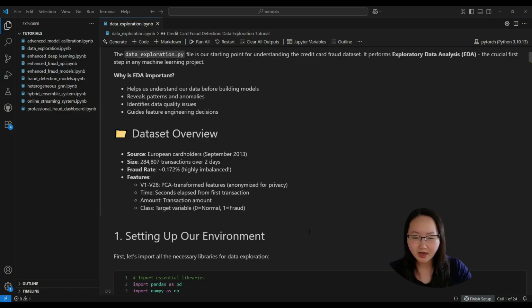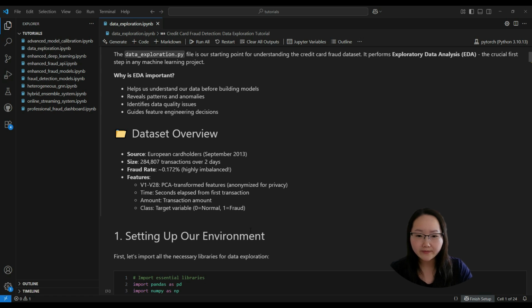The researchers used PCA, principal component analysis, to transform the original features. PCA creates new features that are mathematical combinations of the original ones. This preserves the patterns and relationships in the data while making it impossible to reverse engineer back to individual cardholders. Think of it like encrypting the data while keeping it useful for machine learning.